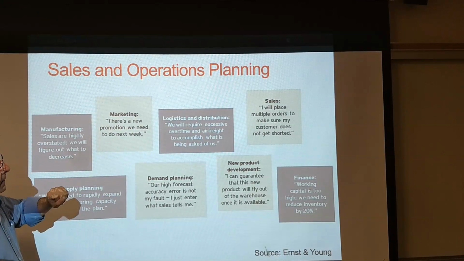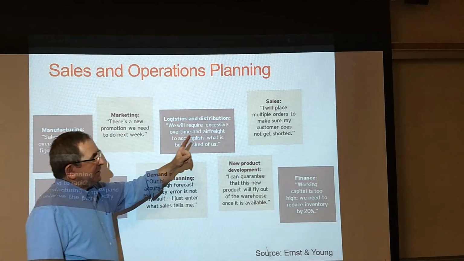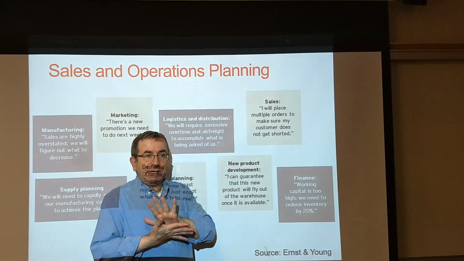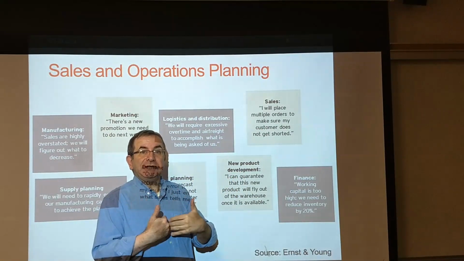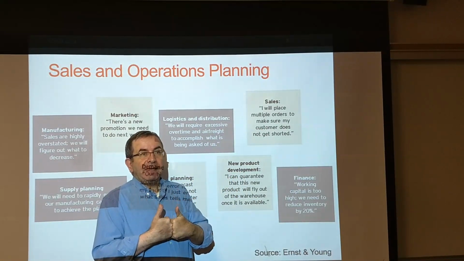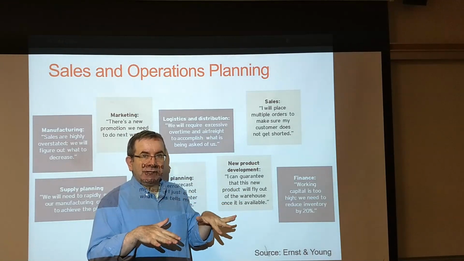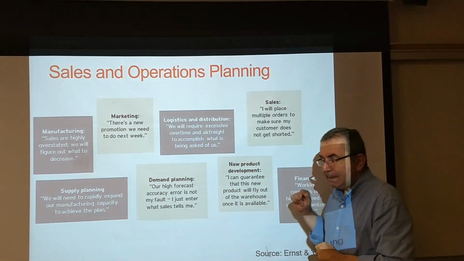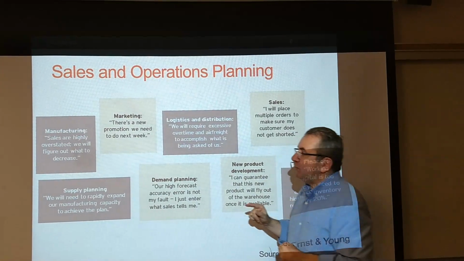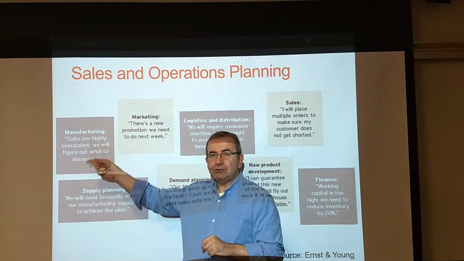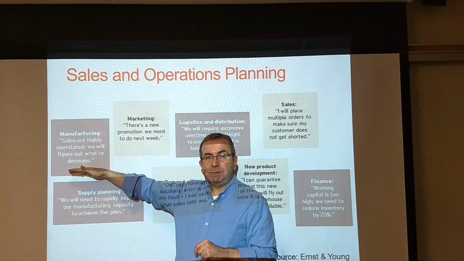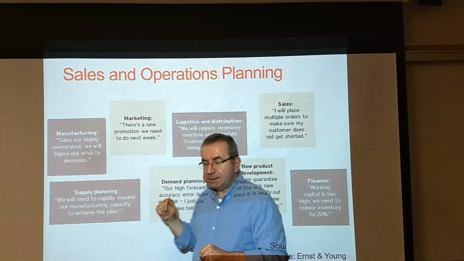Here's another example. The sales force gets a customer order, and they need to enter it into the system so that manufacturing produces that order. But they know manufacturing will unilaterally cancel some orders because they're going to decrease the forecast.